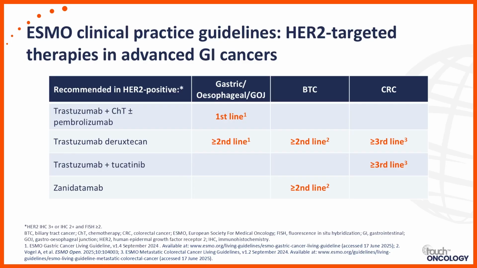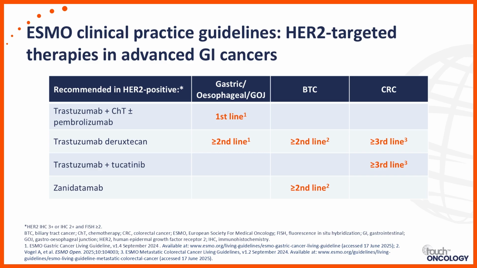I must say that since several years, we are using HER2 as a tumor-agnostic biomarker. We are testing almost all patients with GI tumors for the overexpression of HER2 or the amplification of HER2. And we have more and more indications where we are able to use HER2-targeted treatments, such as the combination of trastuzumab with or without pembrolizumab in first-line gastric cancer, trastuzumab deruxtecan, which is now approved and used for second-line metastatic gastric cancer and beyond.